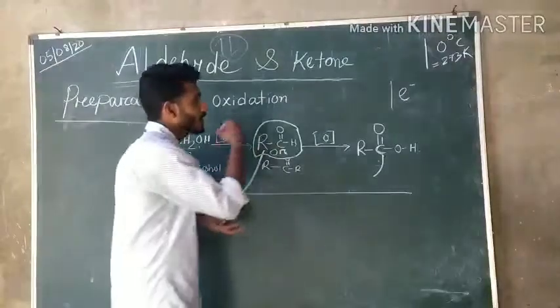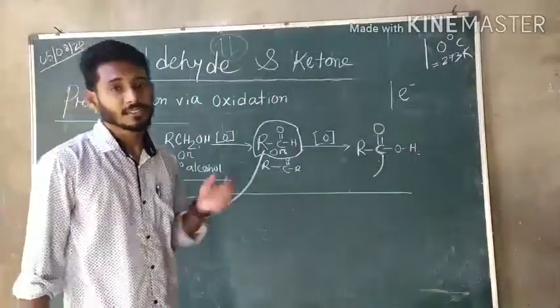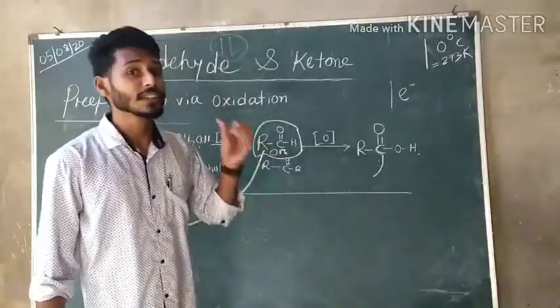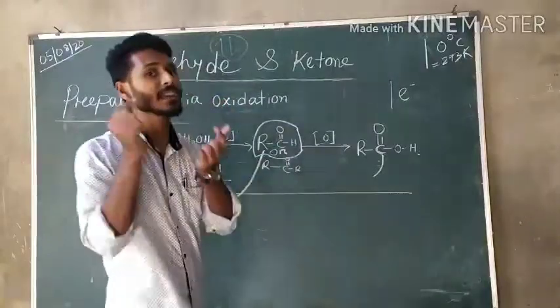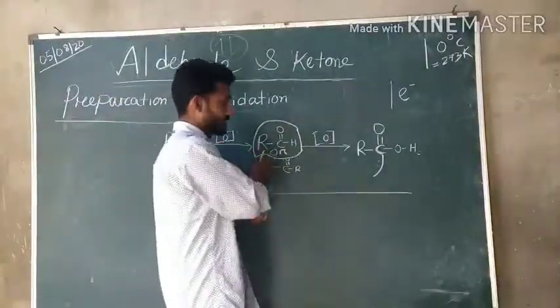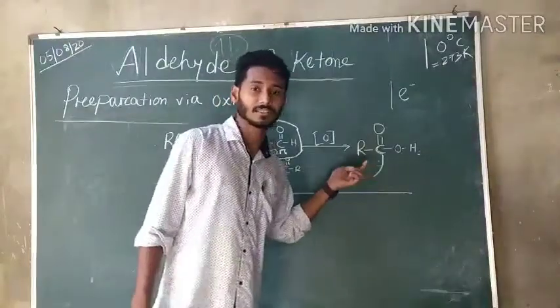It will be further oxidized to carboxylic acid. It is very important to use a specific reagent so that it stops at the aldehyde and we get the appropriate aldehyde, which will not further oxidize to carboxylic acid.